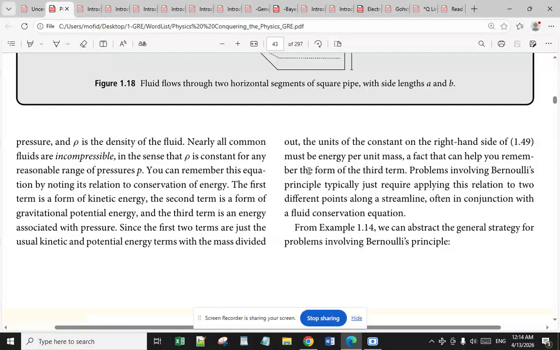Problems involving Bernoulli's principle typically just require applying this relation to two different points along a streamline, often in conjunction with a fluid conservation equation.